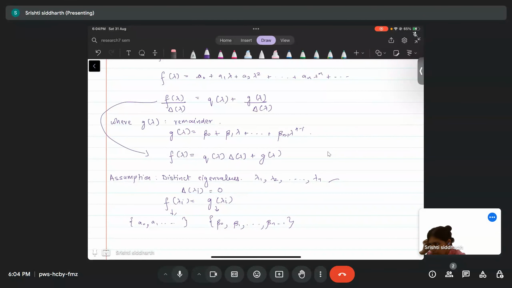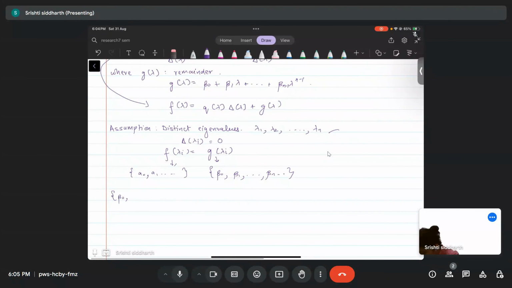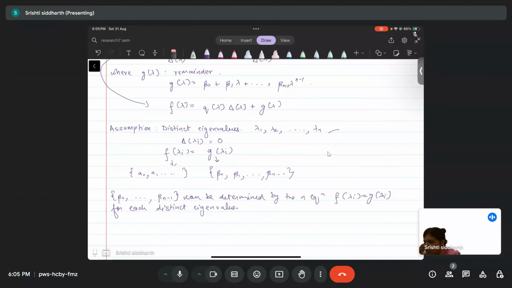So this set of scalars can be determined by the n equations. Which are these n equations? f of lambda i equals g of lambda i for each distinct eigenvalue. Okay, so you now know what g of lambda i is.